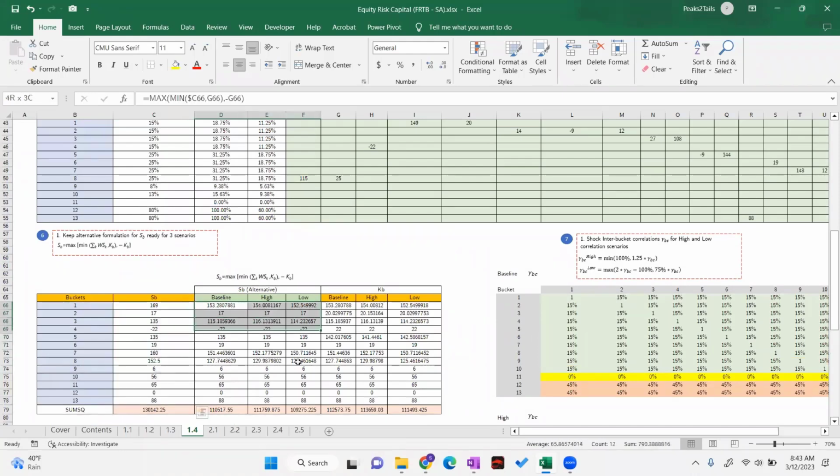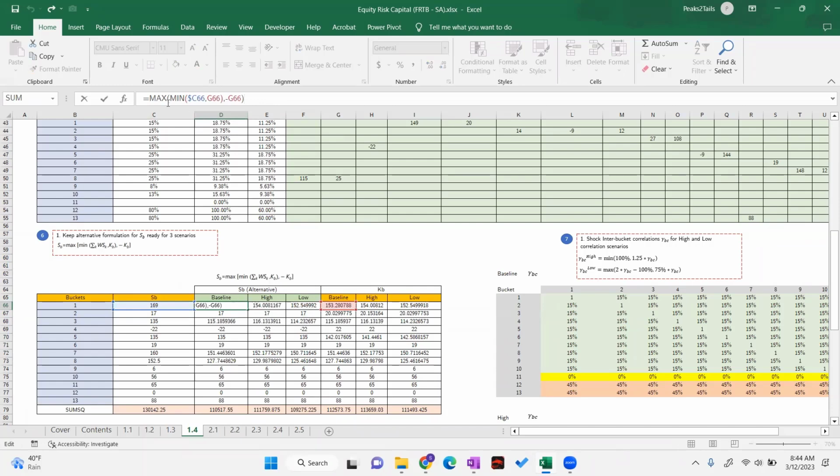Keep the alternative formulations ready with you, just in case. You understood how to calculate the alternate definition. All you need to do is, this is the core calculation WSK, that is this input. KB, you know, for 3 scenarios, this and this. Put it inside. So for 3 scenarios, you have the alternative definition of SB. Let me highlight this formula.